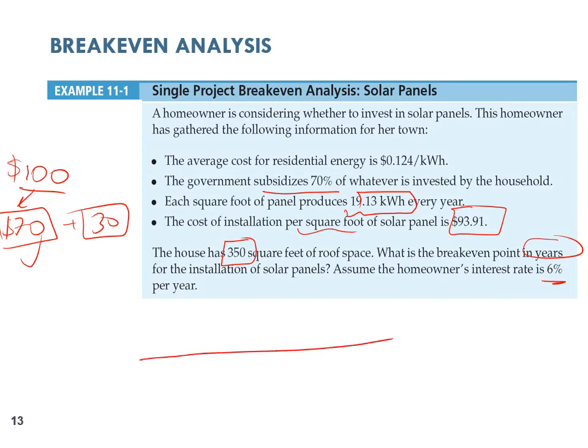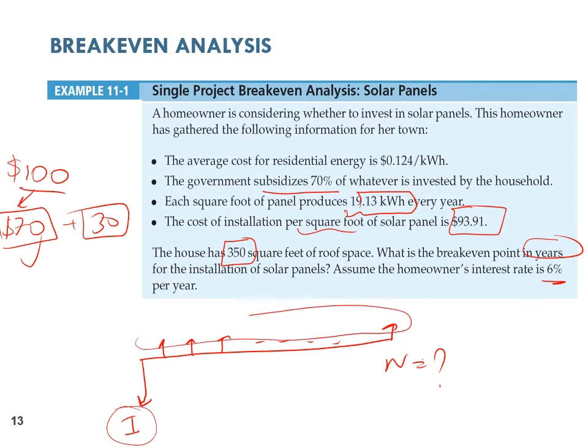Okay, so we need to sketch this cash flow. We need to have some initial investment, and due to installing solar panels, we will have some savings from electricity. And it's asked, okay, in how many years this initial investment will be covered by this annual savings? Okay, and what is this initial investment?